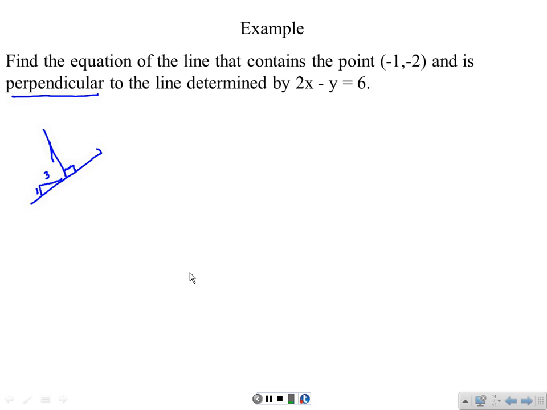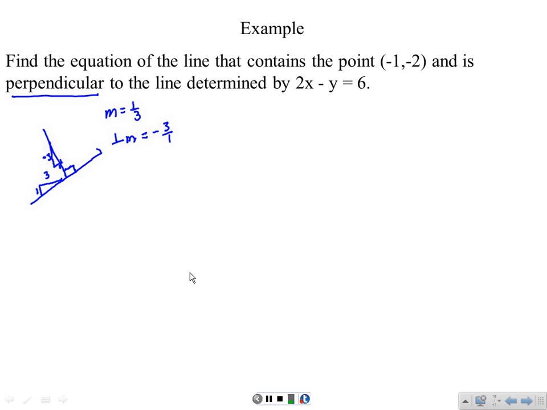So it's going to be negative 3 over 1. So it'll have a negative slope. So if you have a slope that is 1/3, then the perpendicular slope is going to be the opposite inverse of the slope.